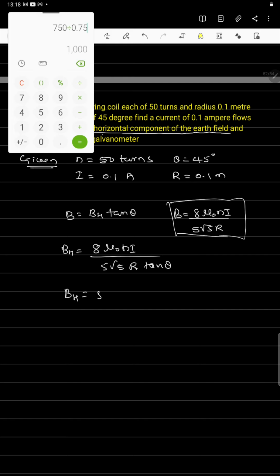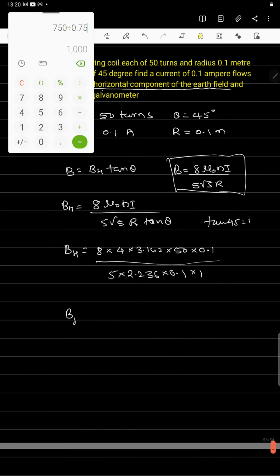We'll put in all the values: 8 into 3.142 into 5 into 10 to the power of minus 7, N is 50, into 0.1 is the current, divided by 5 into root 5 is 2.236, into 0.1 is the radius, and tan of 45, which equals 1.